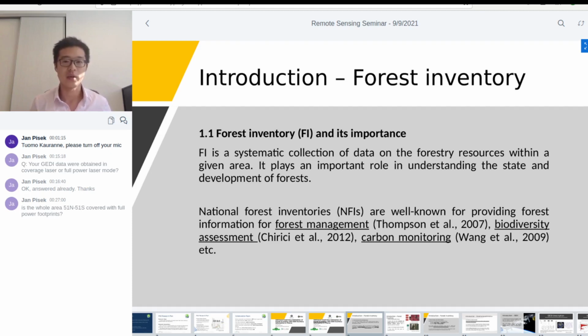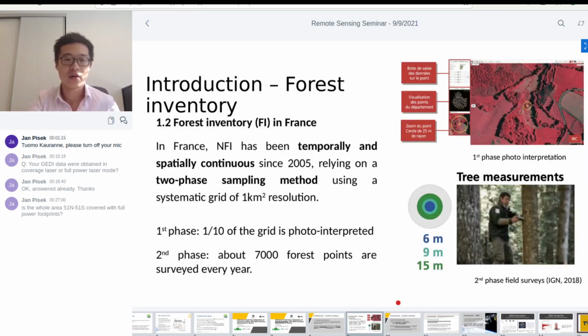Well, I'll start with the forest inventory in France. So in France, the national forest inventory has been continued since the year 2005, and it relies on a two-phase sampling method. So in the first phase, the whole country is covered.